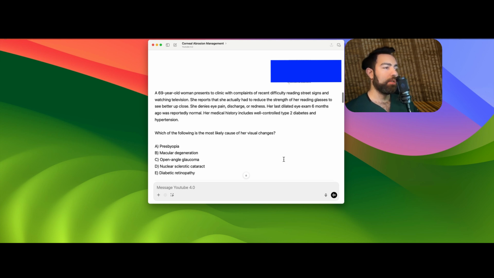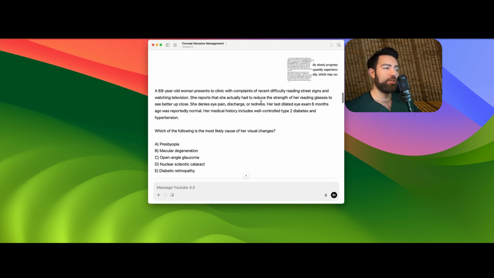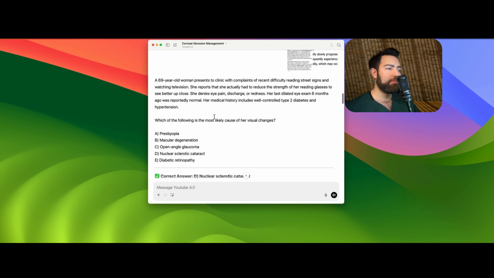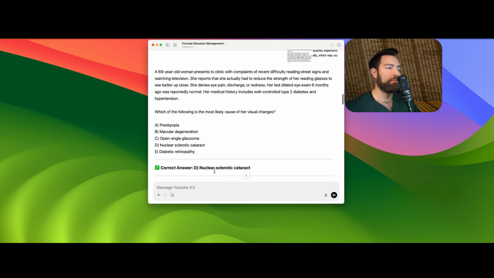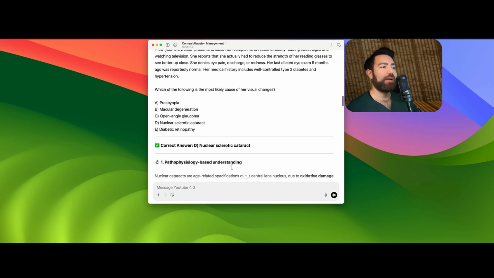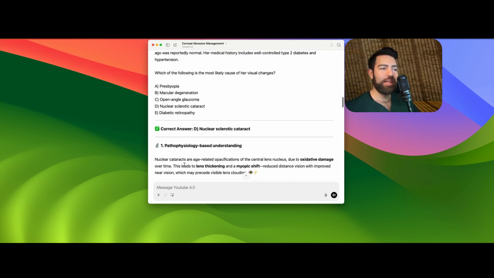All right. So the educational objective that this is trying to test you on is really the diagnosis. And there's a very important finding with nuclear sclerotic cataract, or just nuclear cataract. Nuclear cataracts are age-related opacifications of the central lens nucleus, and it's due to oxidative damage over time.